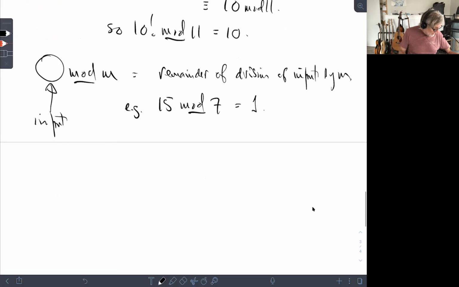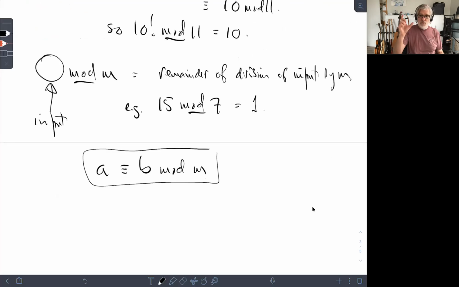If I write a congruent to b mod m, this is a relationship between two numbers a and b. So this whole thing is one single relation. It was notation.